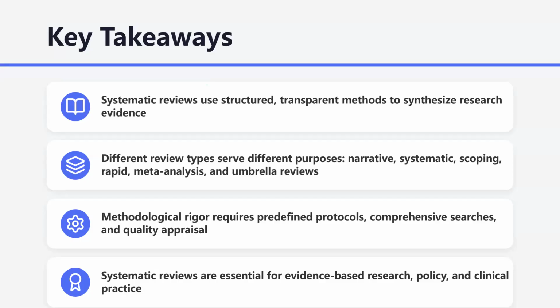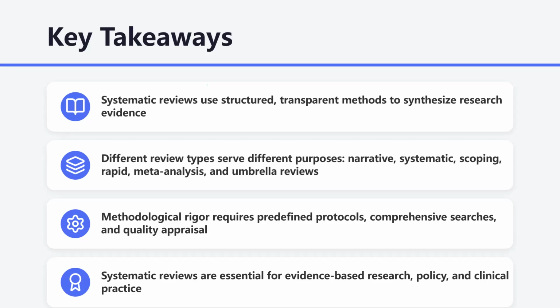So methodological rigor requires a predefined protocol, comprehensive search, and quality appraisal. So if you really want to express that your work is methodologically grounded and reliable, okay, you should have a predefined protocol and you should have done a comprehensive search.